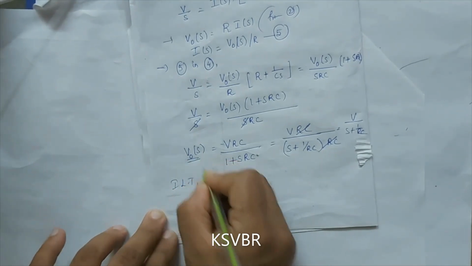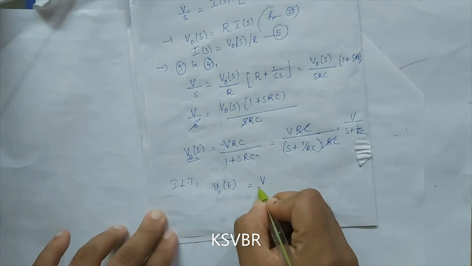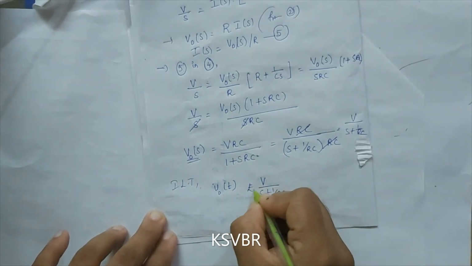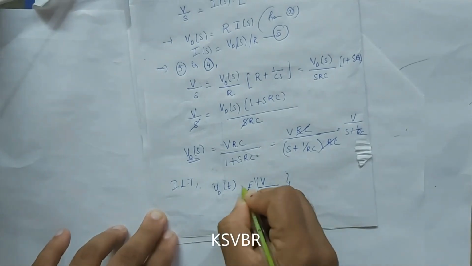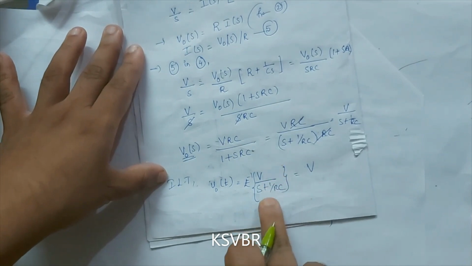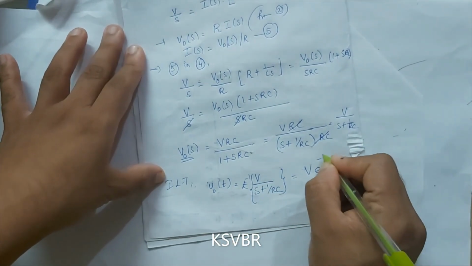This V naught of S will become V naught of t, that is equal to V, L inverse of 1 by S plus 1 by RC. V constant will come outside. This is in the form of 1 by S plus A, so e power minus At.